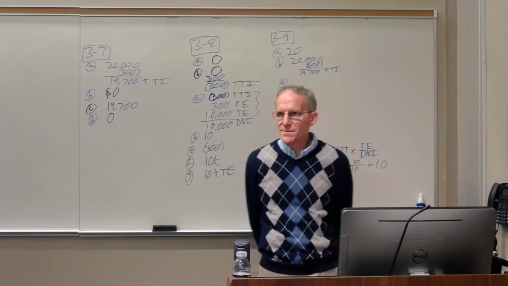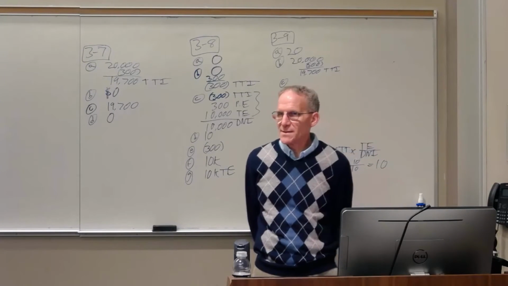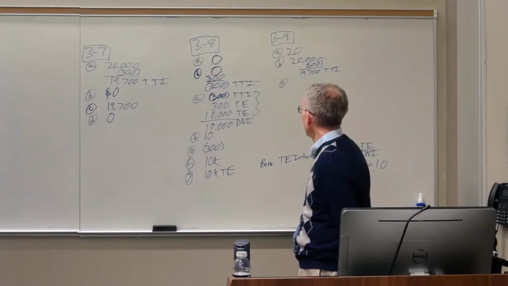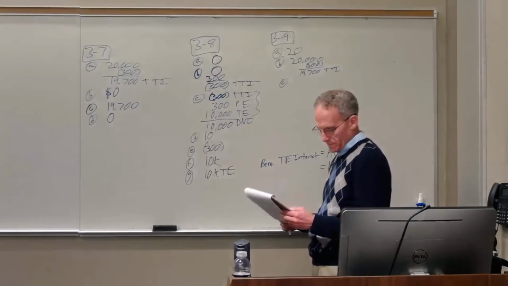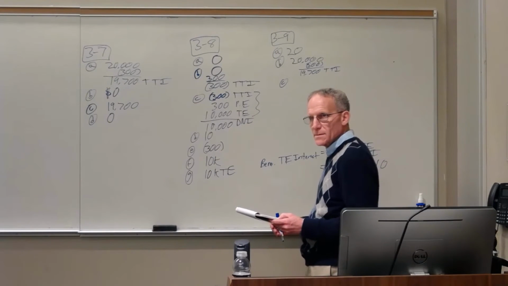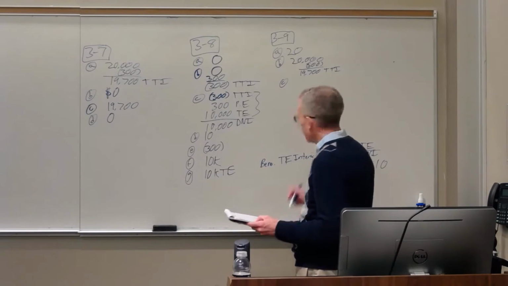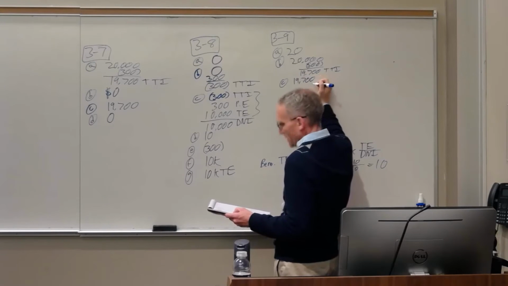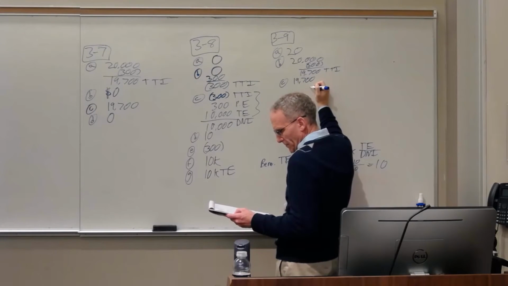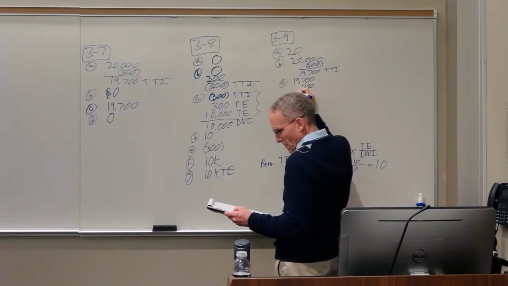Okay, Jill, Jenny, what number do you have? 10,000? Okay, Jenny, how did you get that? Tentative taxable income, the 19,700. Add back 300, minus 1,000, 10,000.